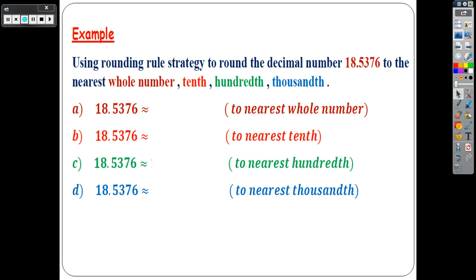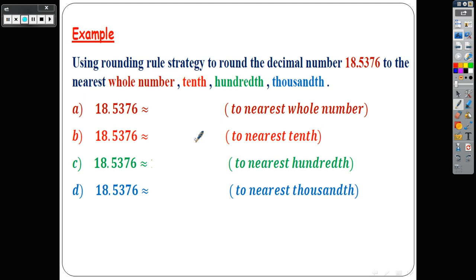So you want to round this number in 4 different places by using the rounding rule strategy. At first, I want to round this number to the nearest whole number. So find your rounding place.